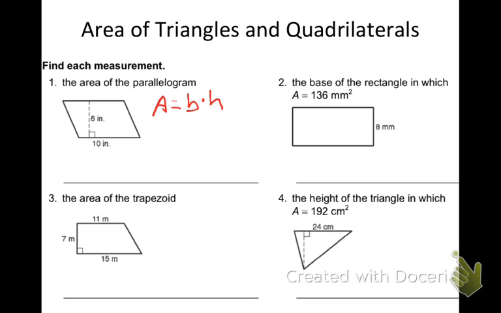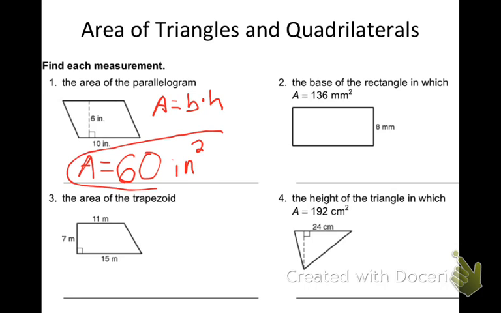So what do I need to do to find the area? I'm just going to multiply 6 times 10. My area comes out to be 60. And because I'm talking about area, it is units what? Squared. So my answer is 60 inches squared. Nice job. Correct, sir.